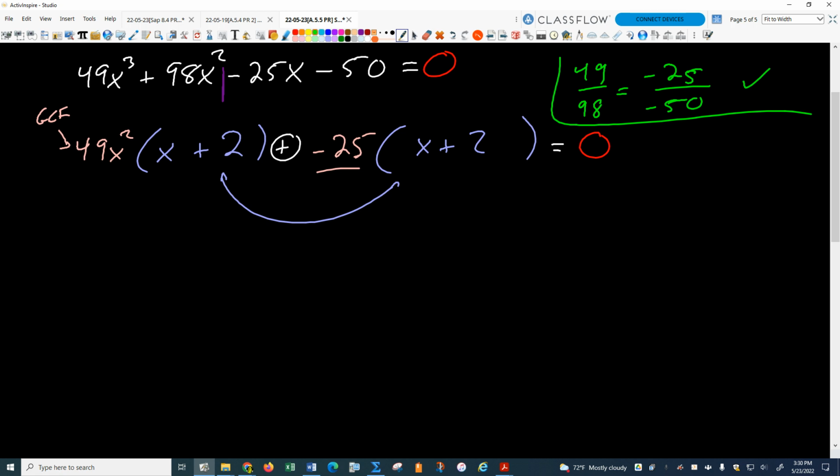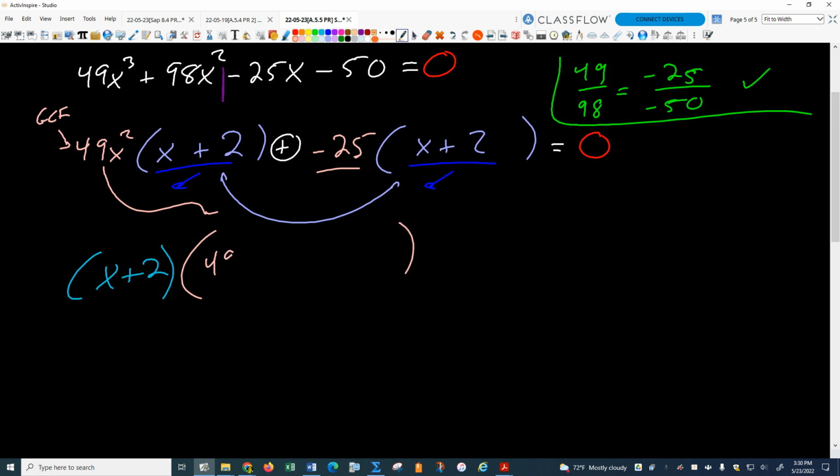Okay, what's next in factoring by grouping? Anton, what do we do next here? Okay, yeah, we'll undistribute the x plus 2. We're going to undistribute the common factor, which is always going to be the binomial factor. So those go out front. And what's left behind then? 49x squared plus negative 25, right?